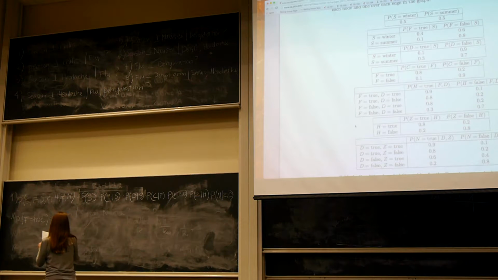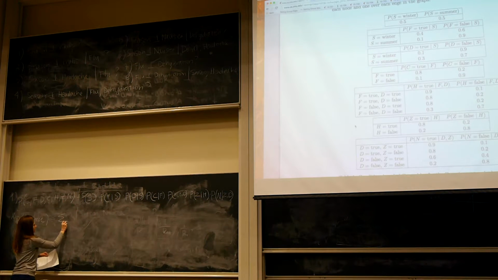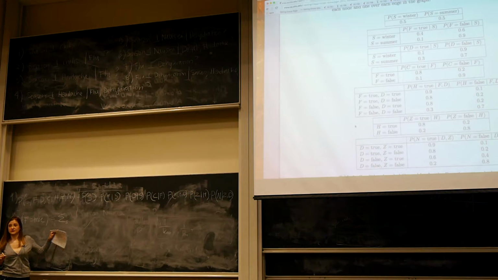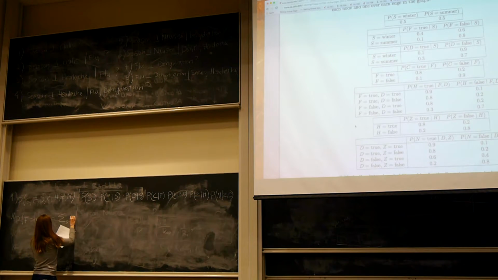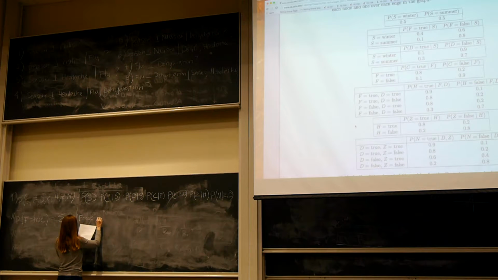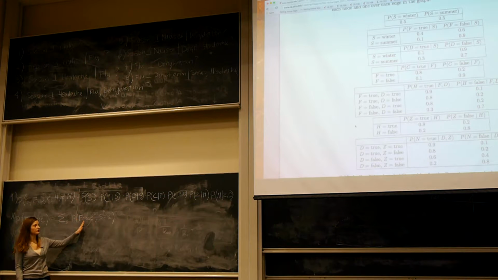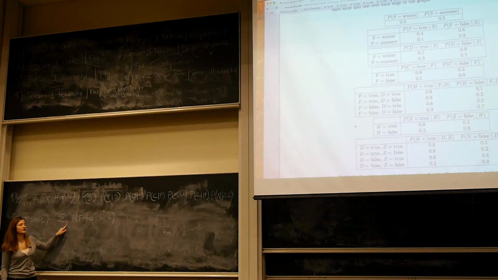So the first thing we'll do is sum over all possible values of season so that we can use marginalization to rewrite probability of F in terms of the joint probability of F and S. So here, this is the joint probability that flu is true and that season is this little value, little s, right? Which can take either true or false.